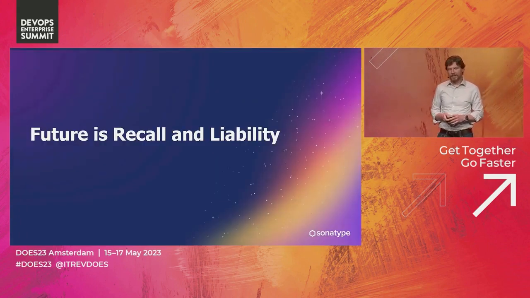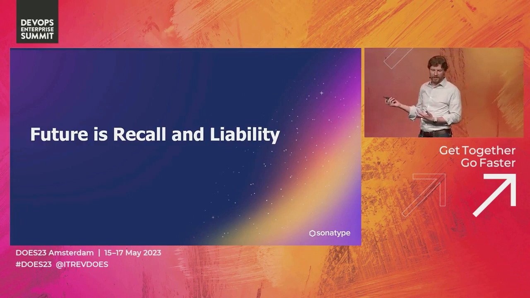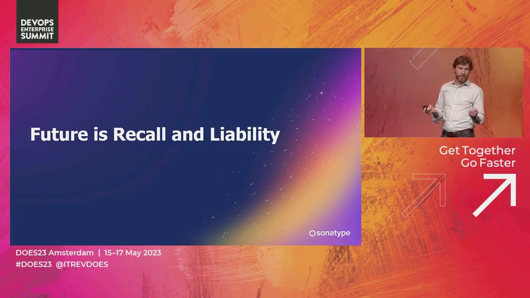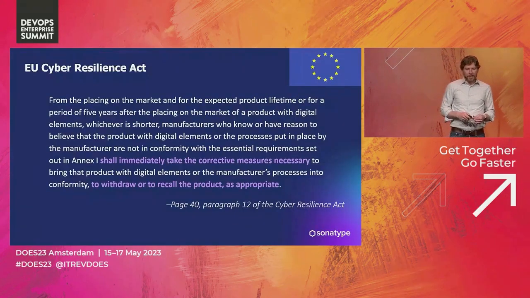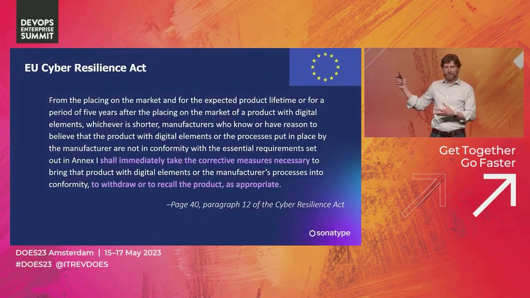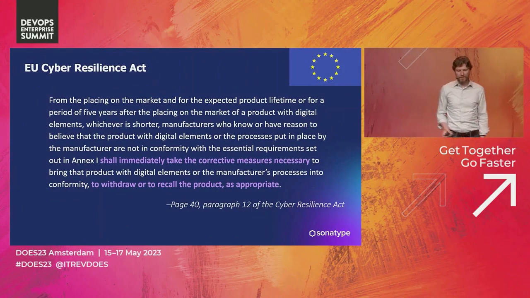What we're seeing in the legislation under discussion right now are the ideas of recall and liability. So the first thing I want to talk about is the EU Cyber Resilience Act, or CRA. You might have heard it mentioned like that.